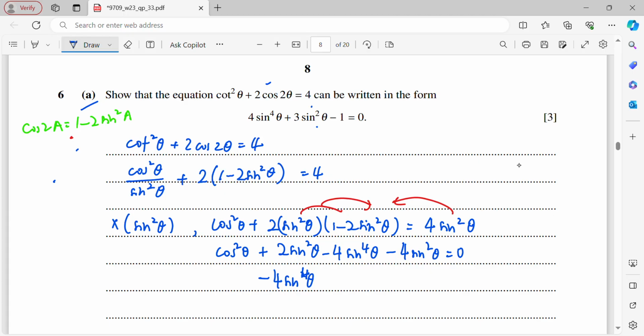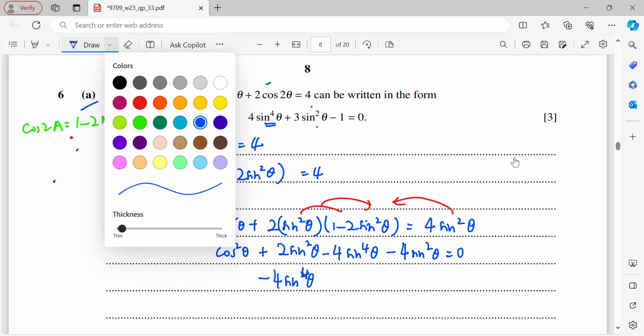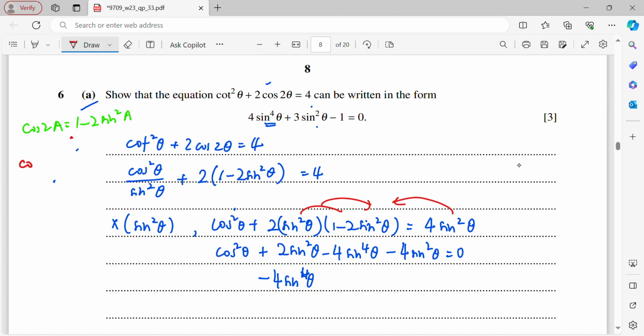Okay, now you see the first one, the cos squared, right? I need to get sine squared. So I need to change it, since cos squared theta plus sine squared theta is 1. Therefore cos squared theta equals 1 minus sine squared theta. So I will change this to 1 minus sine squared theta because we don't need cos.